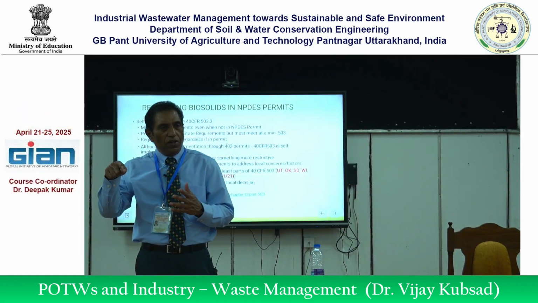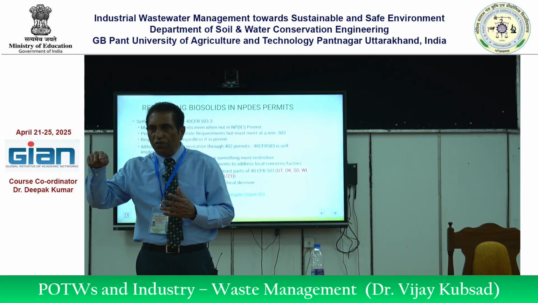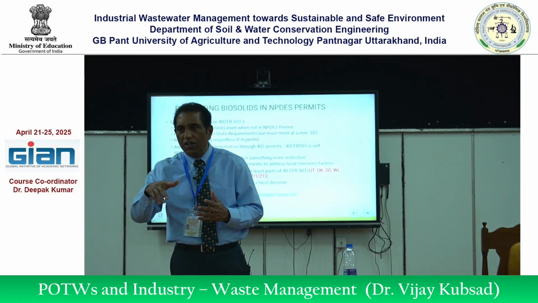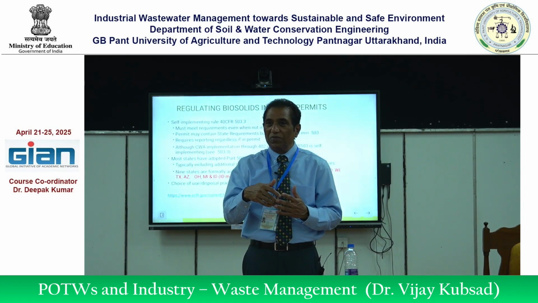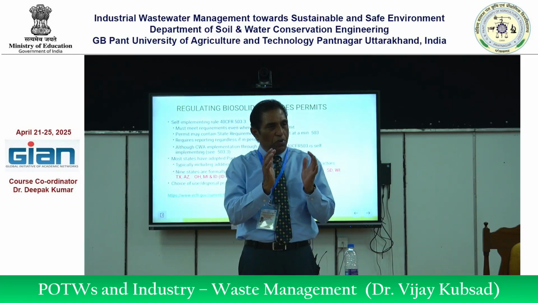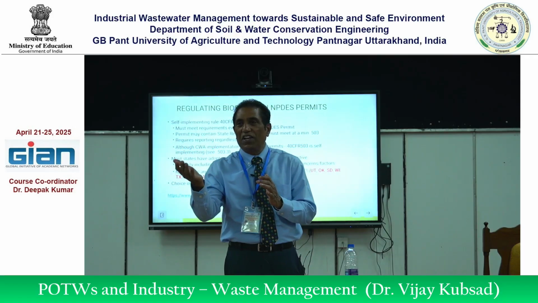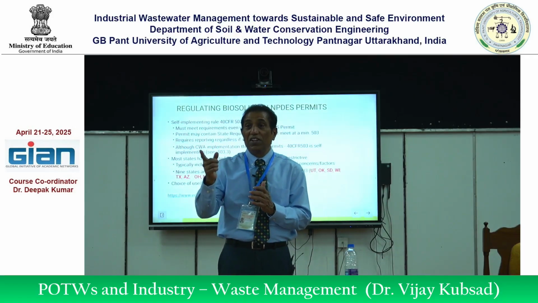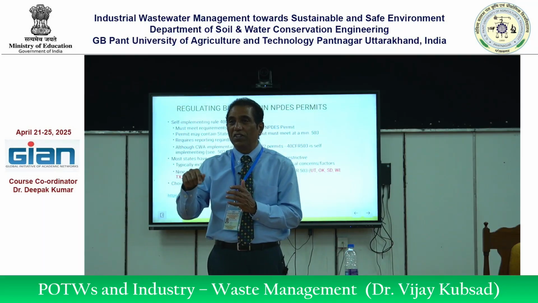Wastewater is treated, and it enters the different trains of treatment. The sludge from the primary and secondary containment goes to the thickener. The purpose of the thickener is different from the secondary treatment. There your aim is to remove the suspended solids.